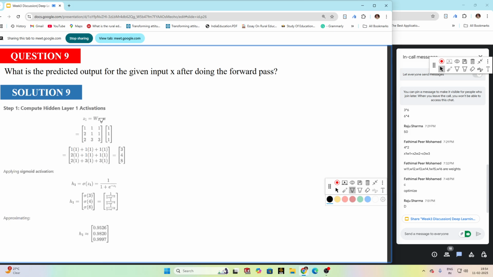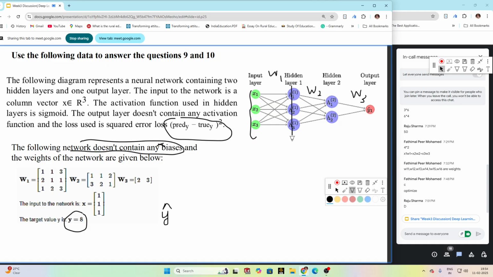How can we find h1, h2 and h3? First we have to do w1x plus b, but as b is equal to 0, this is the formula. What is z1? z1 is the input portion of this neuron, and h is the output portion of this neuron.